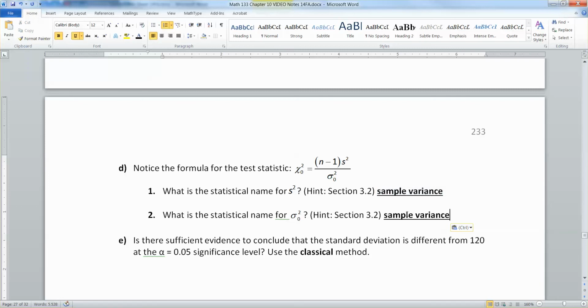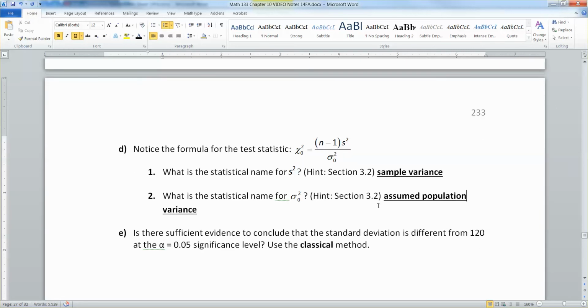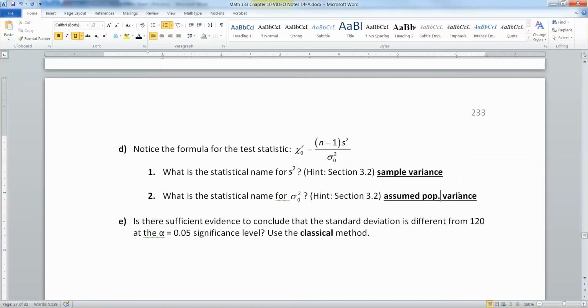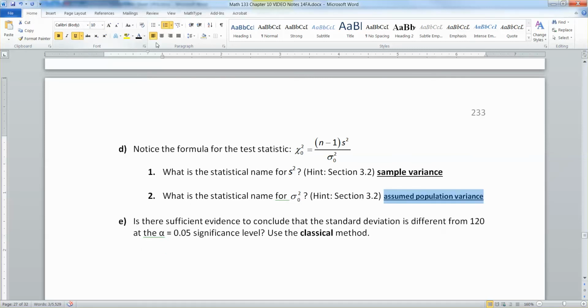And then sigma squared would be the assumed population variance. It's assumed to be true in the null hypothesis. I'll just make it have a smaller font. It'll be fine.